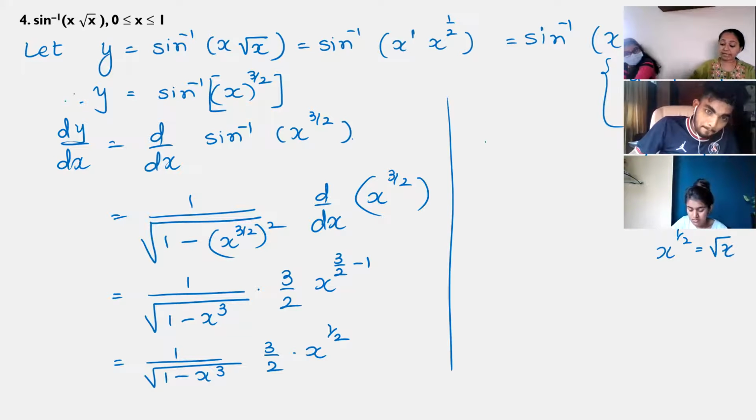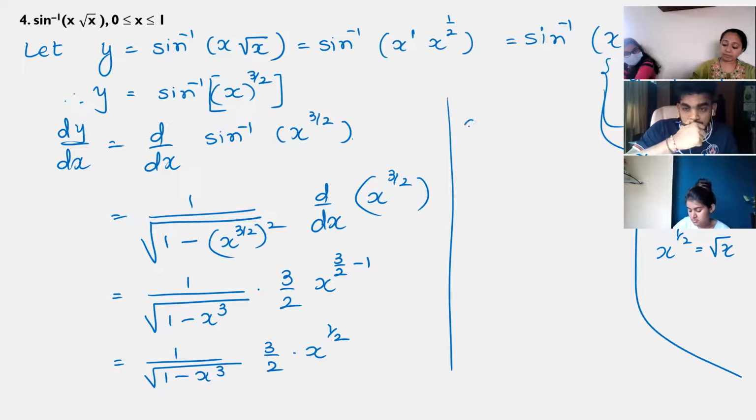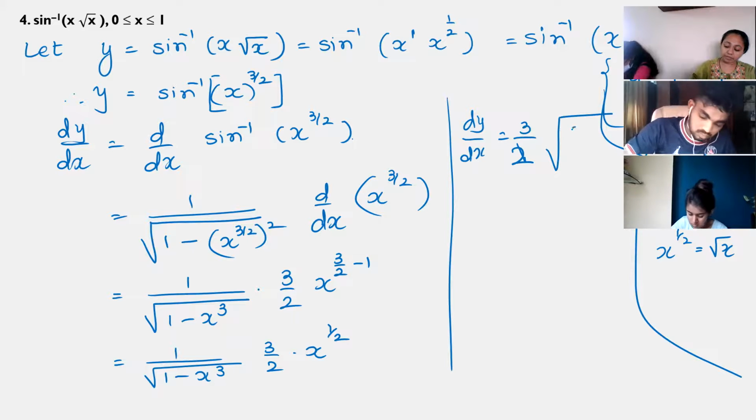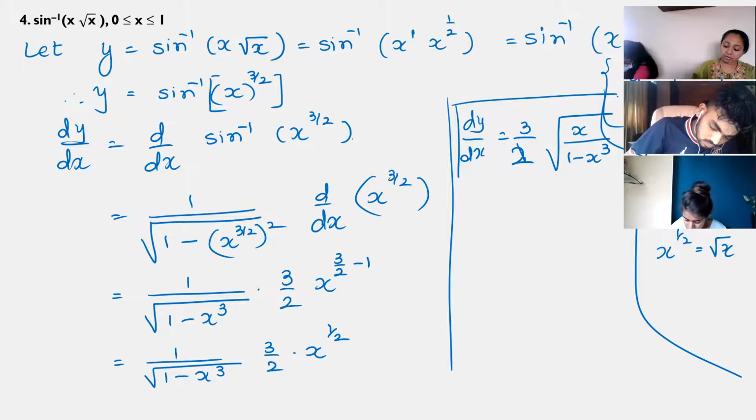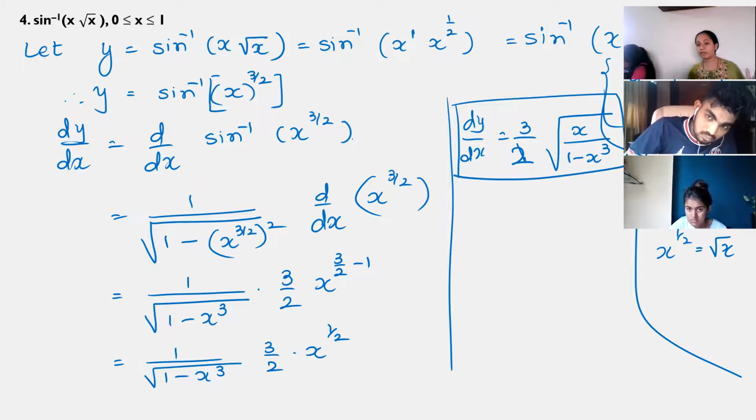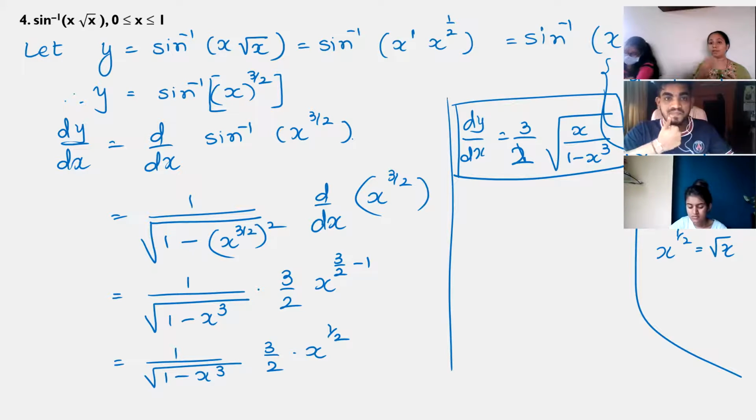That means I can take a combined root for them. So dy by dx is equal to 3 by 2 under root of x in the numerator and 1 minus x cube in the denominator. You can see this properly. 3 by 2, first of all, I have written first, and x to the power half is root x, and 1 minus x cube was in the denominator.